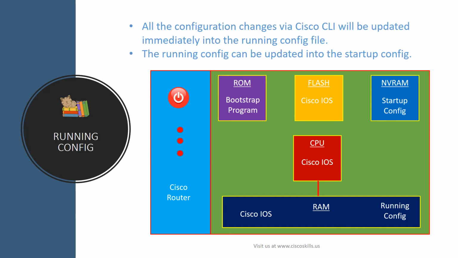From now on, all the configuration changes via Cisco CLI will be updated immediately into the running config file. Also, the running config can be updated into the startup config file. Let's find out more detail in the next slides.